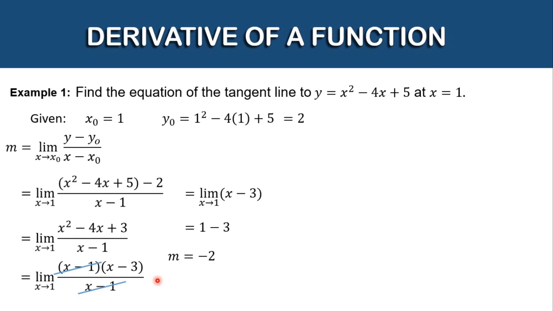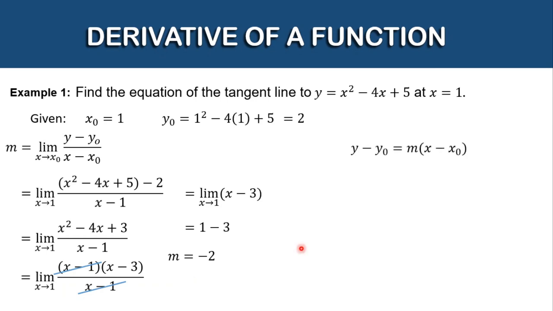Since this slope is negative 2, we can now proceed in finding the equation of our tangent line. So how are we going to do that? Since we have a point, this is our point x sub 0 and y sub 0, 1, 2, and we have a slope, we're going to use the point-slope form.